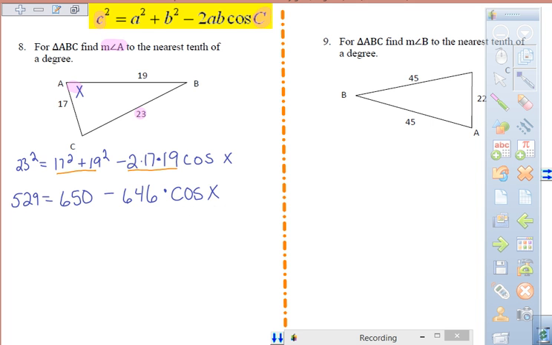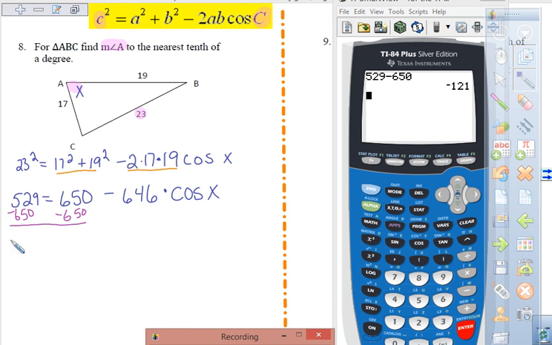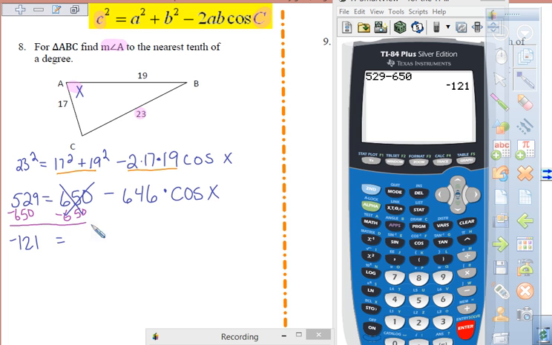So my first step is going to be to subtract 650. And I'm getting negative 121 equals negative 646 times the cosine of x.